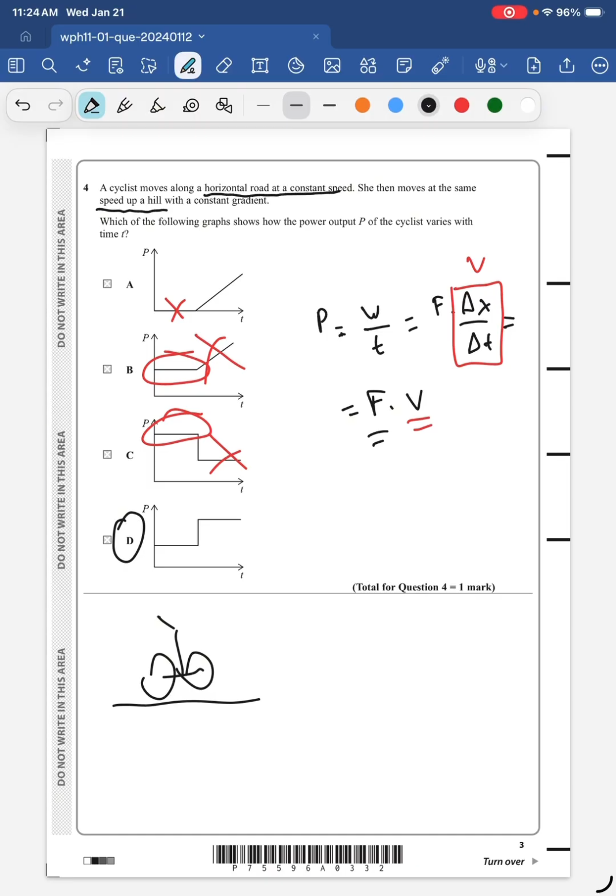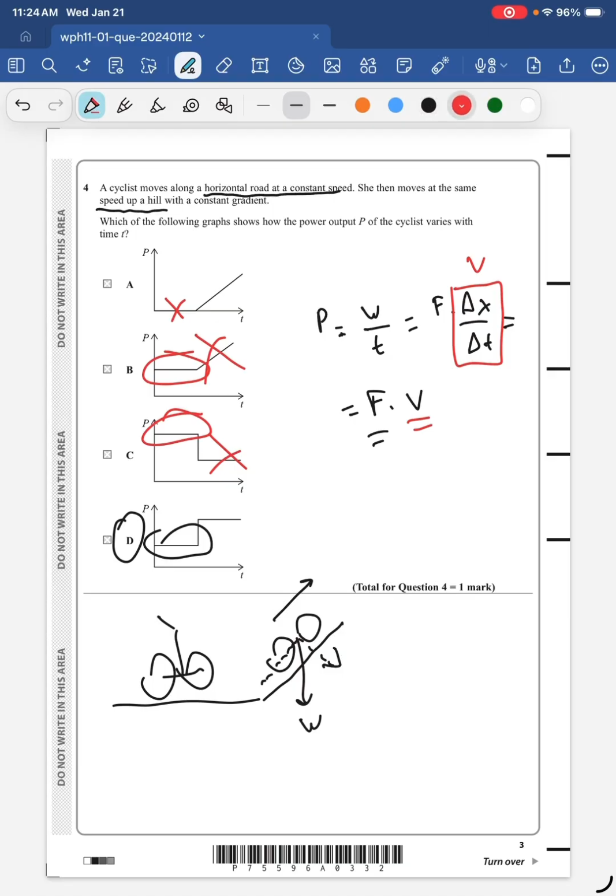And the velocity is constant, therefore the power is constant and positive, right? But then when she goes uphill, she has to increase the force she puts on the pedals, right? Because now, if that's her weight, then there is a component parallel to the displacement. The displacement is in this way, along the direction of the hill, right?